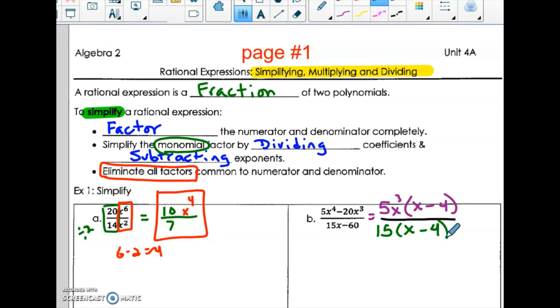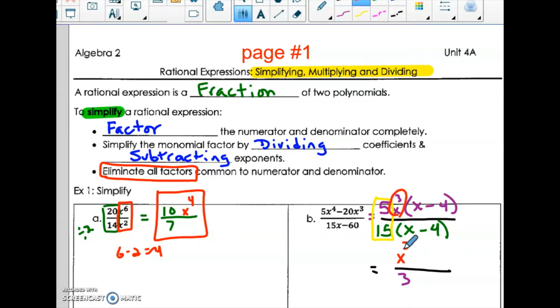Following the directions, we have to simplify the monomials by dividing. 5 divides into 15 three times, so we'll have a 3 on the bottom. The x cubed doesn't have anything to simplify with, so we leave it on the top.